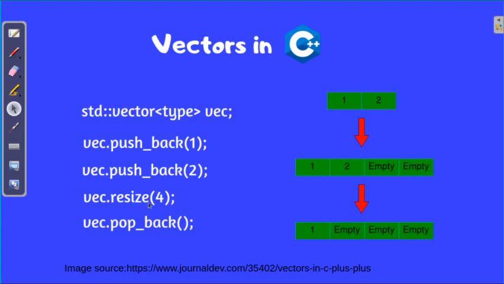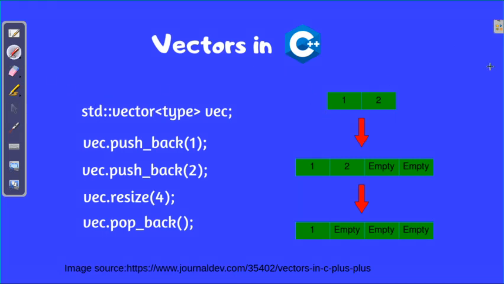If you want to resize the vector, you can do it. You just need to pass some number in the resize method. If you do that, 2 more empty spaces will be created. And it also has a pop back method, which removes an element from the last and makes the space empty. Now you can see that this is dynamically allocated.